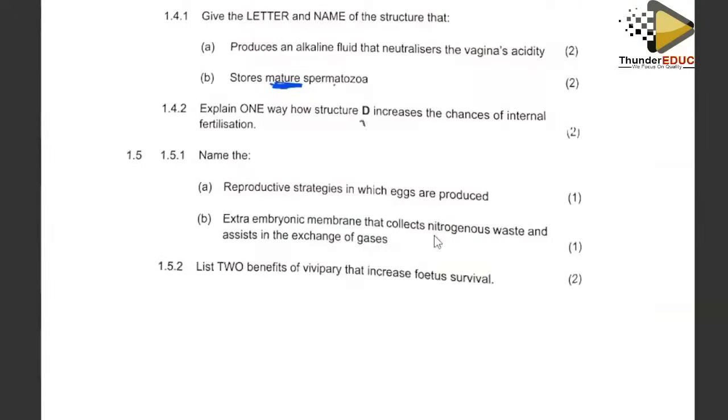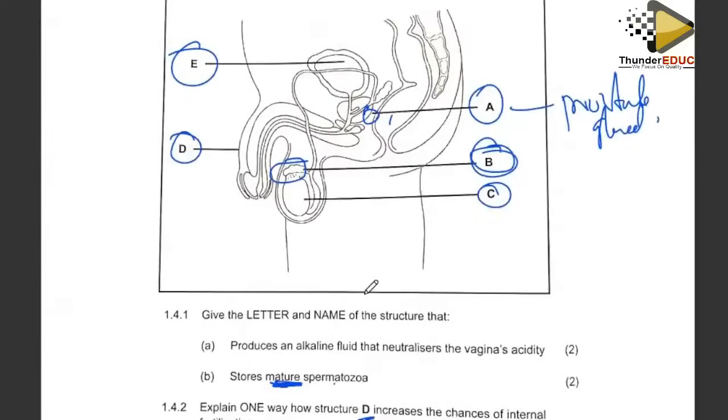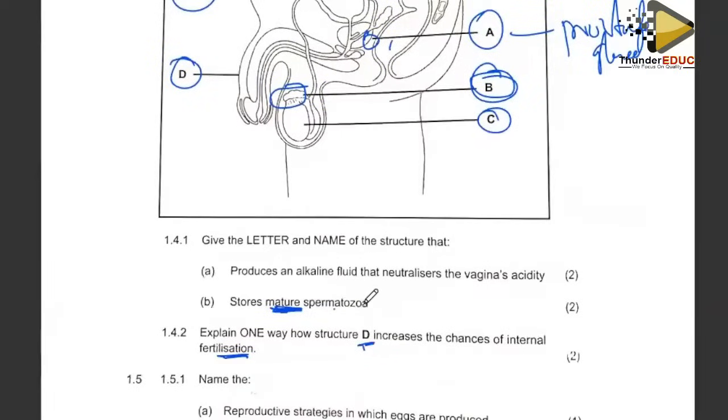Explain one way in which structure D, which is the penis, increases the chances of internal fertilization. Since they have not named it, identifying it could be a mark. It's long enough to put the sperms where they are needed.